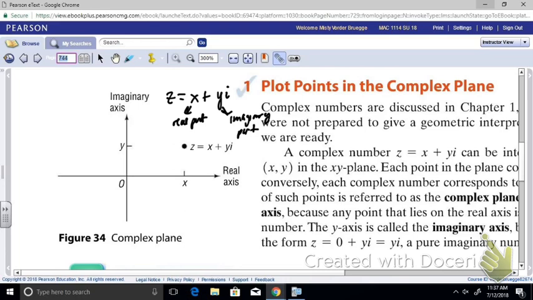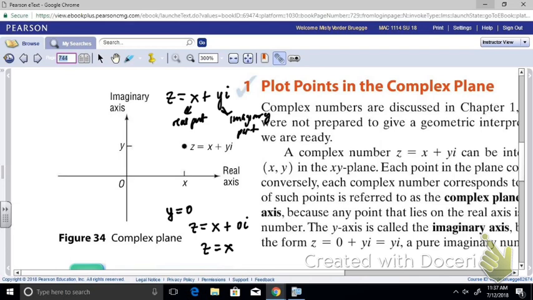Now, just so you know, what happens if y is 0? What would happen to z? You'd have x plus what? 0 times i. And so what do you get? Just x. So that's why I was saying the complex plane actually contains all the reals. Because if you don't have the y, all the real numbers are represented as x. Makes sense?